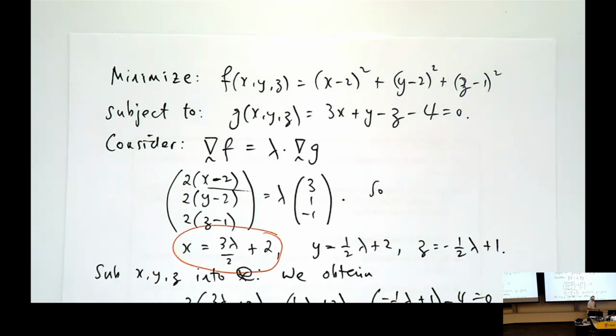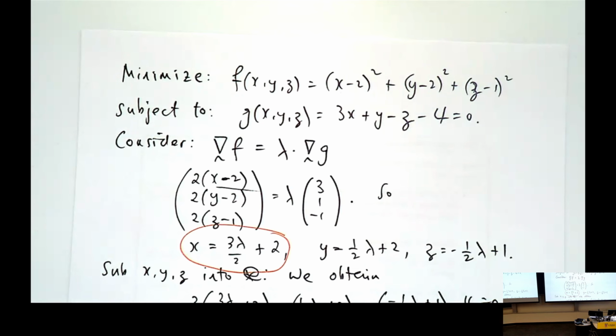It's not the distance between x, y, z and 2, 2, 1. It's the square of the distance. Just imagine a balloon at the point 2, 2, 1. It's got the center at that point, and you're blowing up the balloon. Well, sphere. Yeah. Okay.